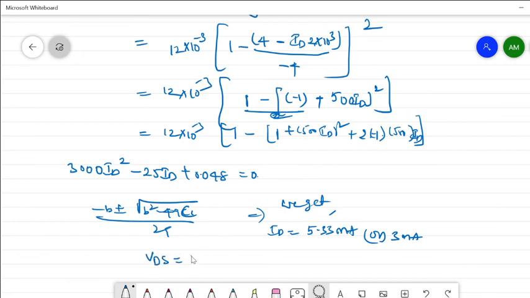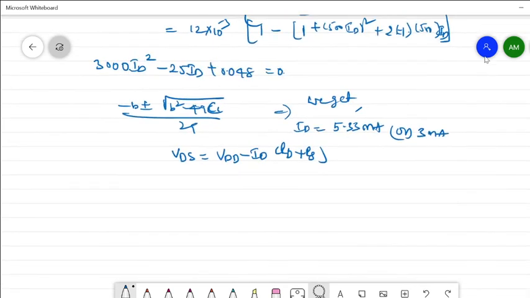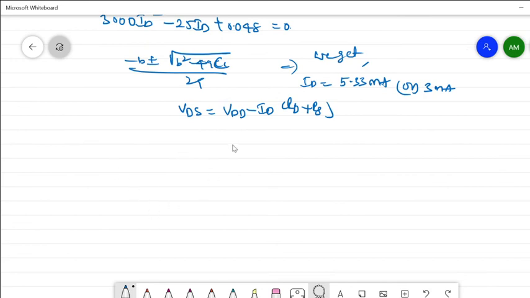VDS formula we already know: VDD minus ID into RD plus RS. So VDD is 12 minus ID. First substitute ID equal to 5.33 milliamperes.